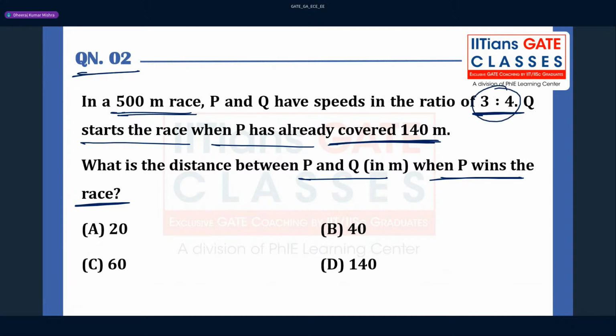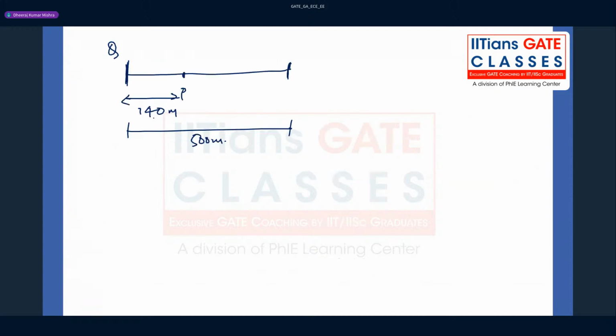Their speed is 3:4, so you can divide the distance in 3:4. That is very very important to keep in mind, right? So if it is 140, then this is going to be 360, because the total distance is 500.